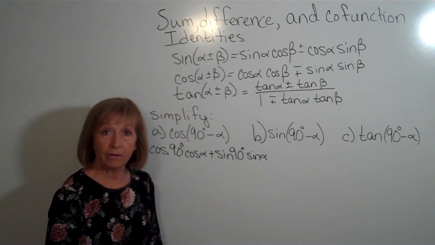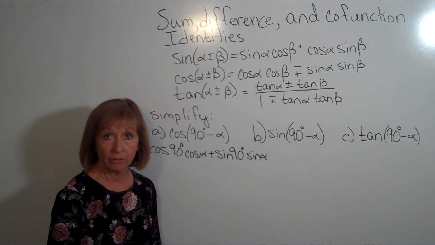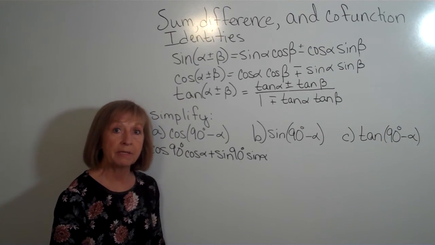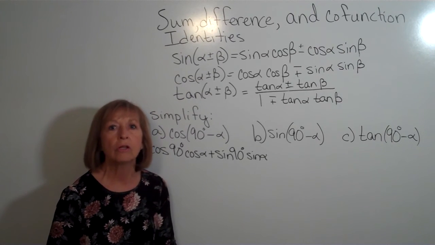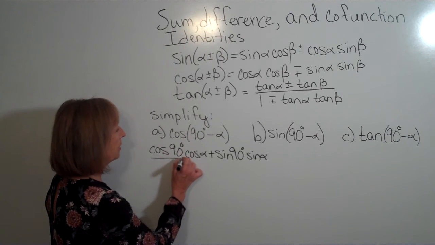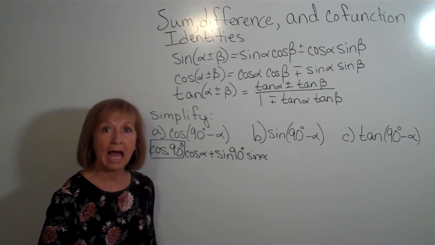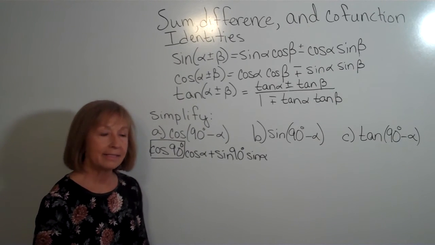Now, if there is a specific numerical value for your angle, and it's a special angle, you can make the replacement from what you know from the unit circle or even from the other applications that we did. So the cosine of 90 degrees, I know what that is. That's 0.